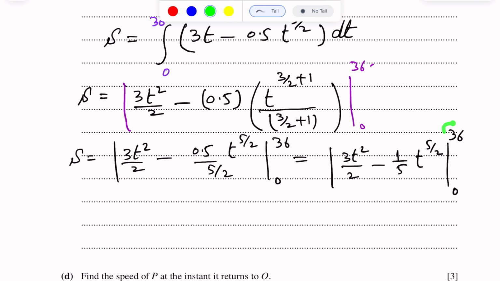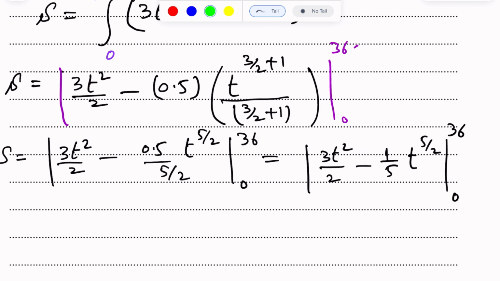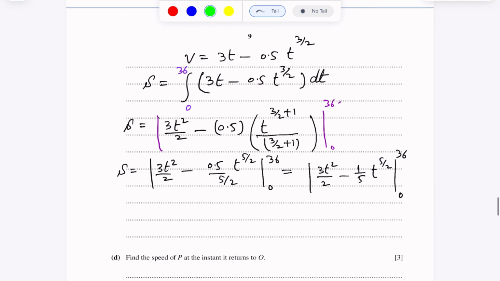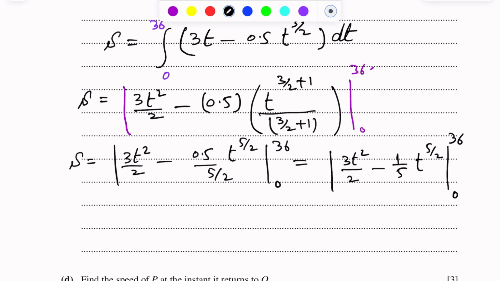First we will apply the upper limit, then the lower limit. First we put 36 in place of t, then in place of t we will put 0. This is the way to apply the limits, upper limit minus lower limit. Then s will become, putting t is equal to 36, 3 over 2 into 36 square minus 1 over 5 into 36 power 5 over 2.